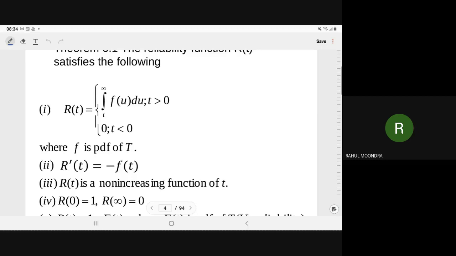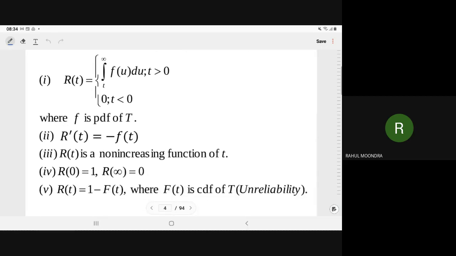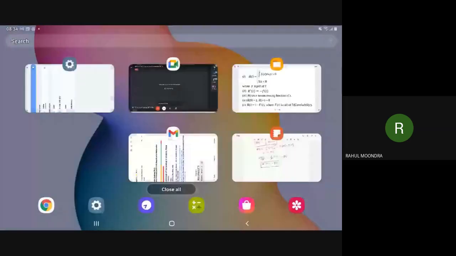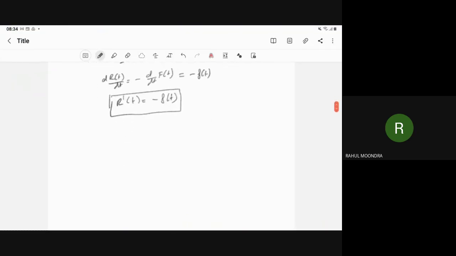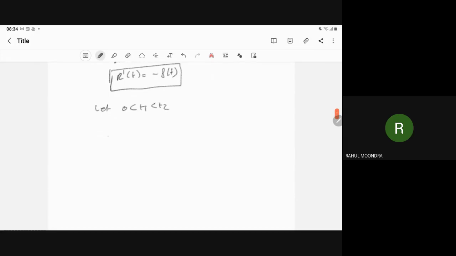Then in the third, R(t) is a non-increasing function of t. Take t1 greater than 0, which is less than t2.